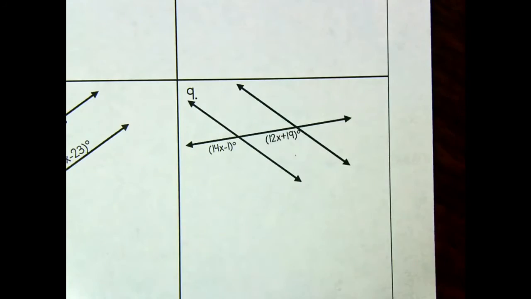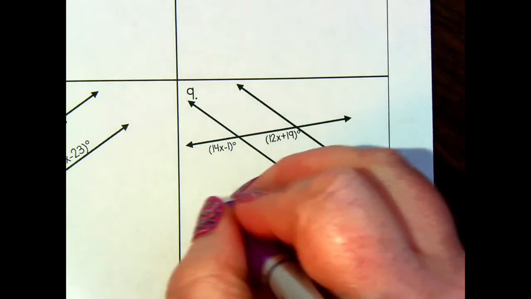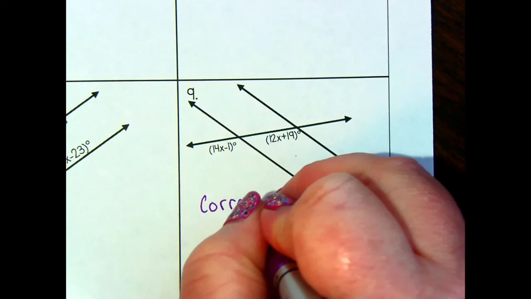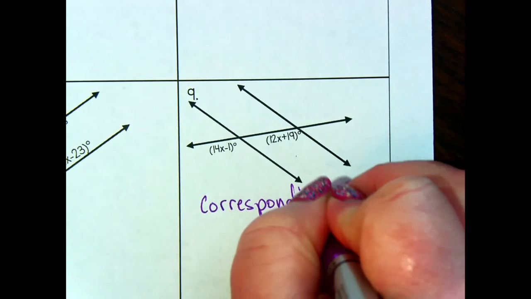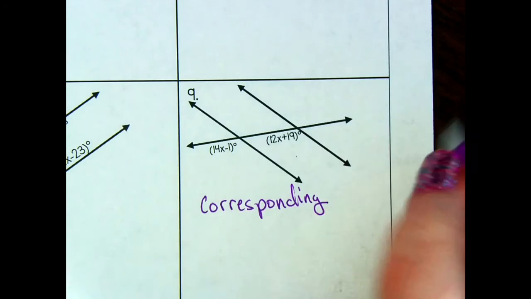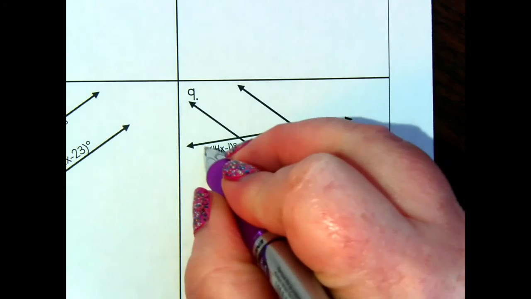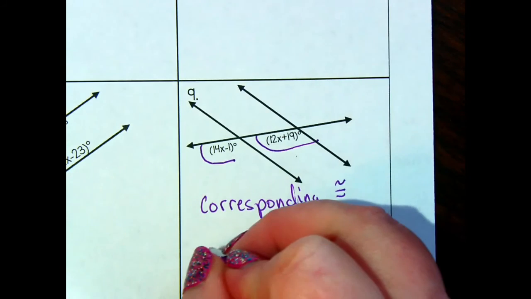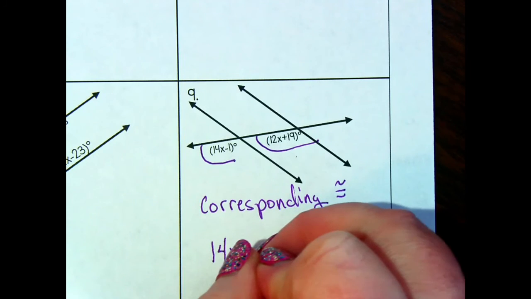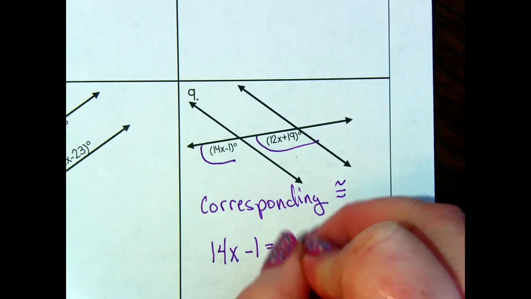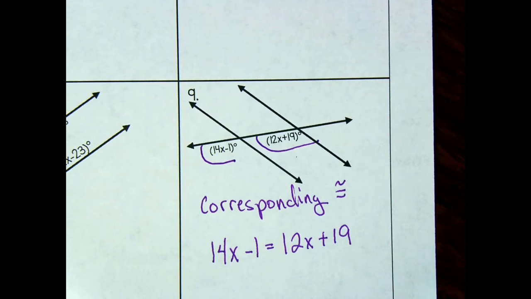If I look at this example, I know that the angles are corresponding, and I know that corresponding angles are congruent, and therefore I would say 14x minus 1 is equal to 12x plus 19. You being able to set these up depends entirely on knowing the relationships between the angles.